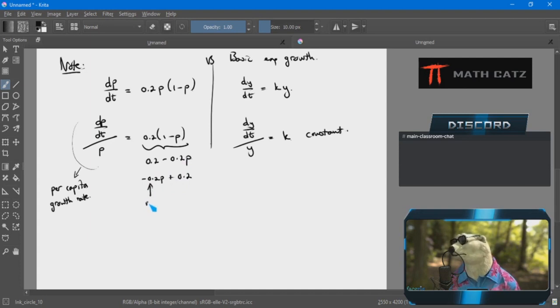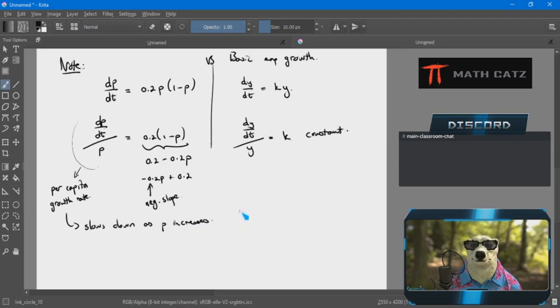You see here we have a negative slope, meaning that the higher p goes, the lower this right-hand side becomes, the slower the per capita growth rate is. The growth rate slows down as p increases.